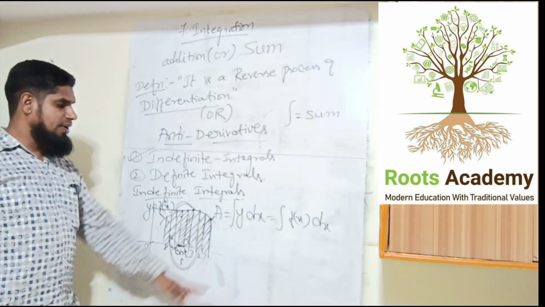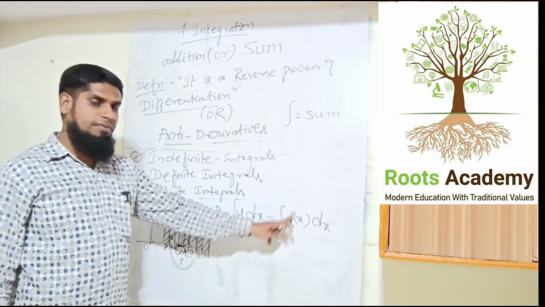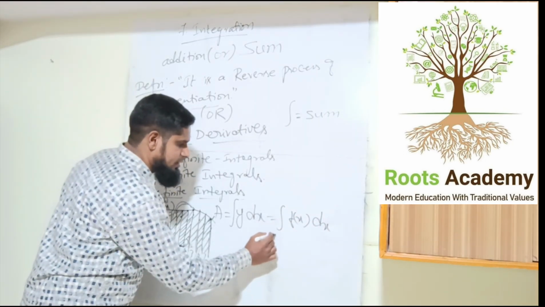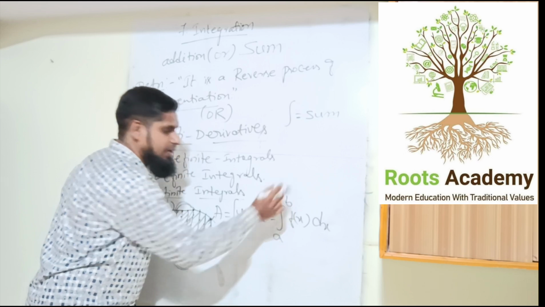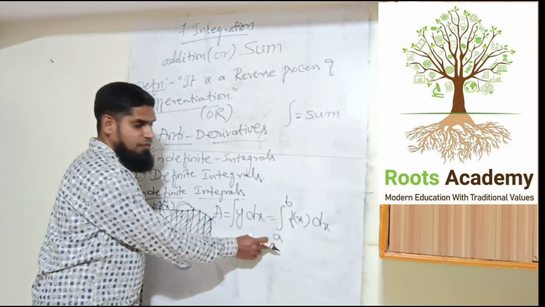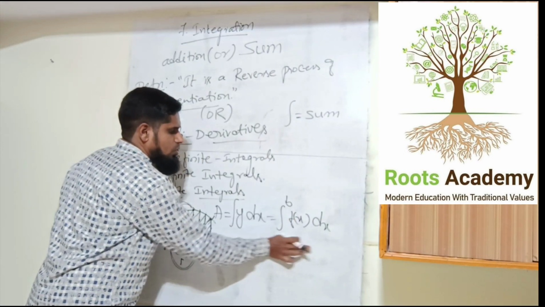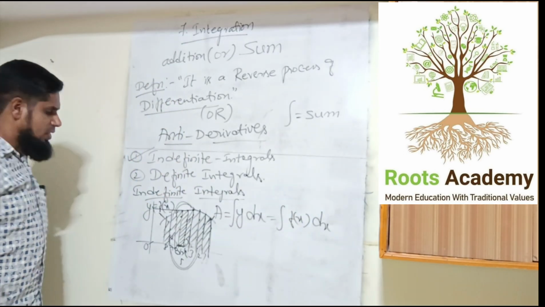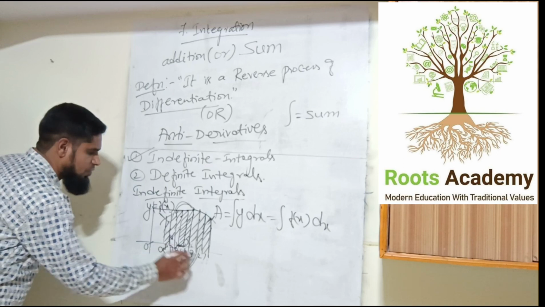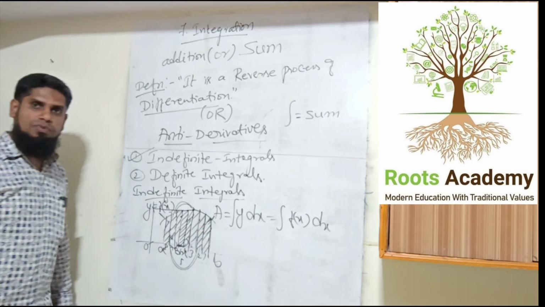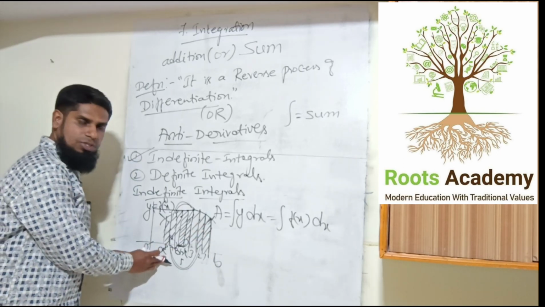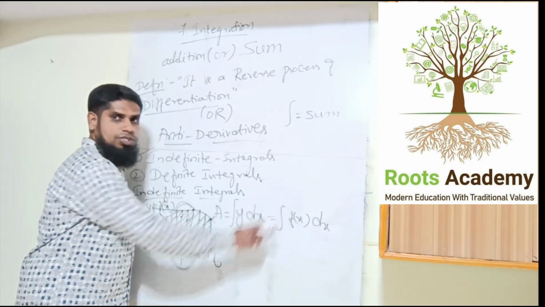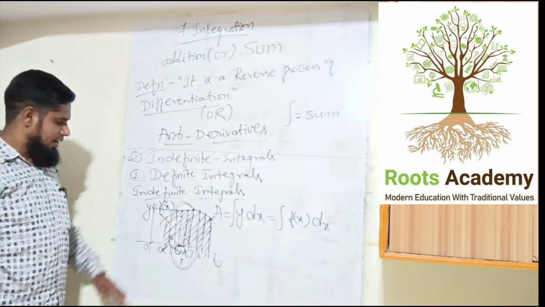The reason we call this an indefinite integral is that we don't have limits here, like from 2 to something. Because of that we say it is indefinite. We don't know from where to where we should find, where we should start and where we should end. That is not specified here, so it is called indefinite.